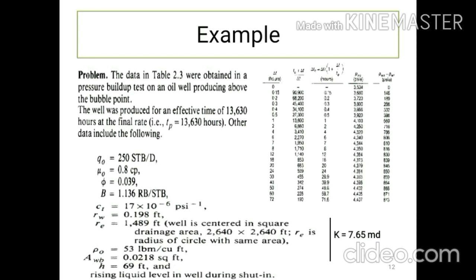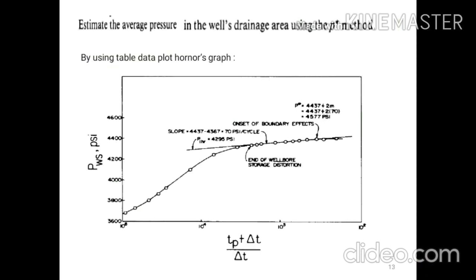Other data including φ, μ, B, ct, rw, re are in the presentation, and we have to find the k value by using slope m by plotting the Horner plot. We first need to find p-star.